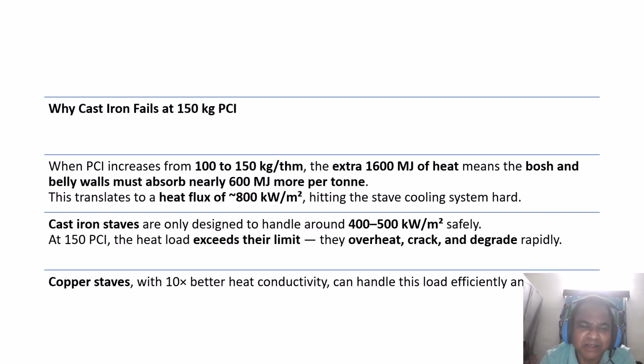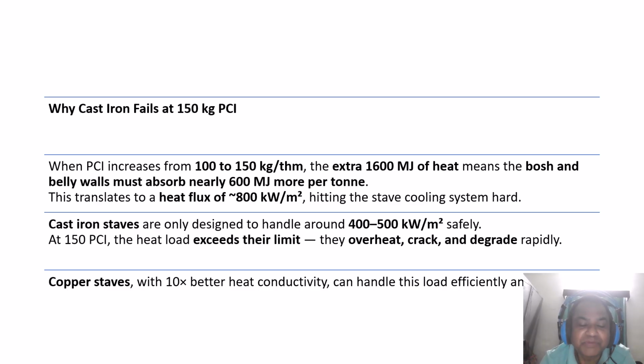But if you see the standard specification of a designer, or the literature available from other plants, cast iron staves can only handle around 400 to 500 kilowatt per meter square safely.